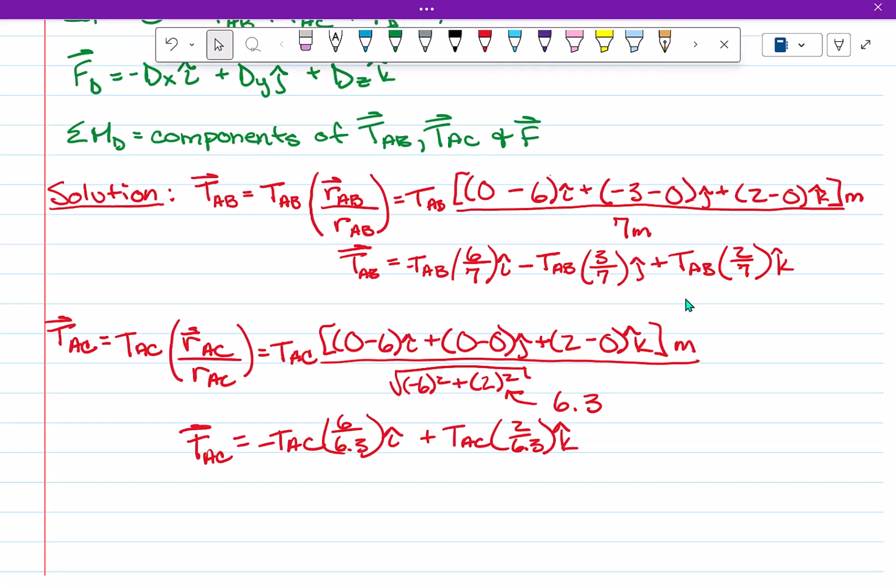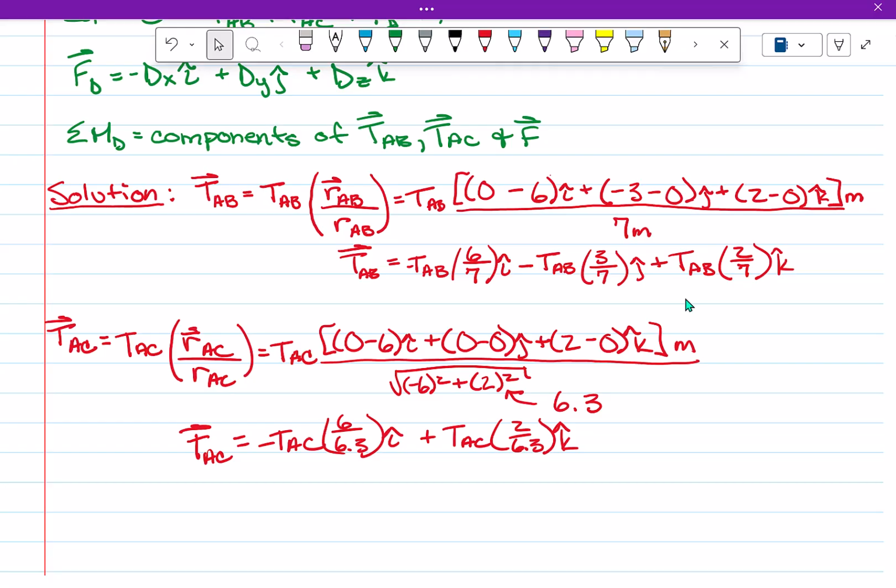And what you have here is the result, which is negative magnitude of the tension AB times 6/7 I minus the tension AB times 3/7 J plus the tension AB times 2/7 K. We did the exact same calculation for the tension vector AC, and that is the magnitude of AC times the unit vector AC, which we can determine by taking the position vector AC and dividing by the magnitude of that position vector.